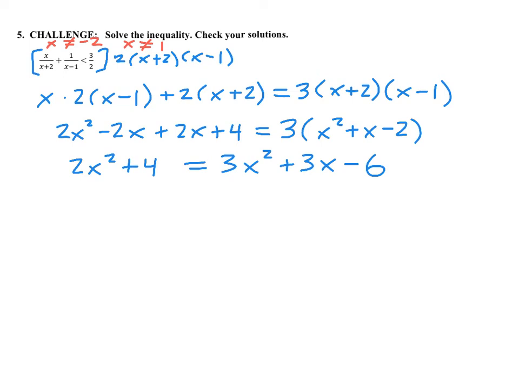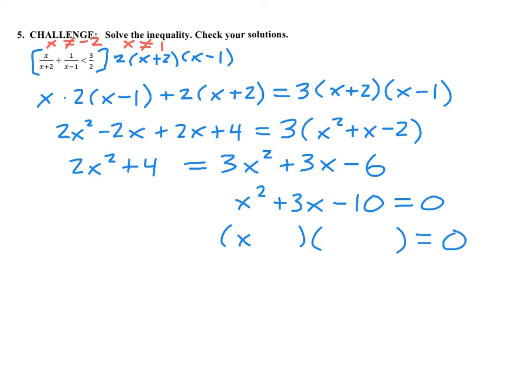I'm going to move everything to the right. So I'm going to have 1x squared plus 3x minus 10 equals 0. That is factorable. Looks like x plus 5, x minus 2. So x could equal -5, or x could equal positive 2.